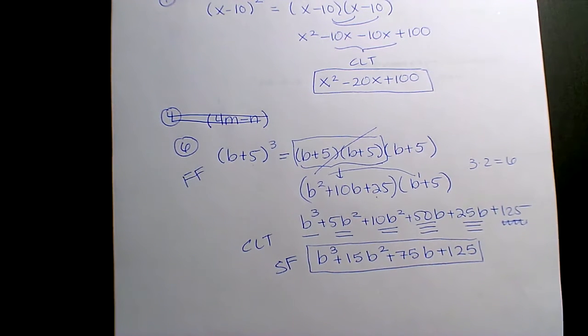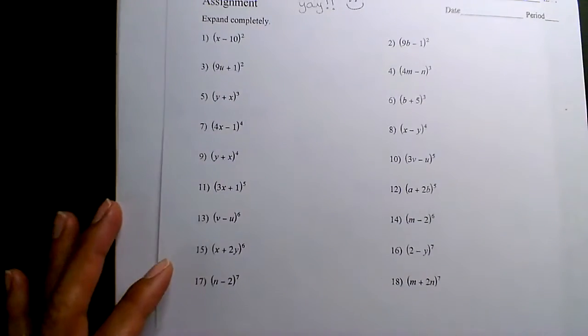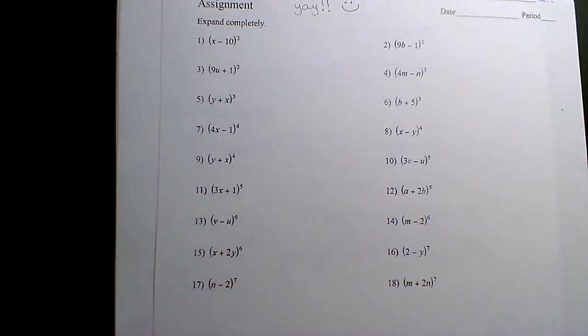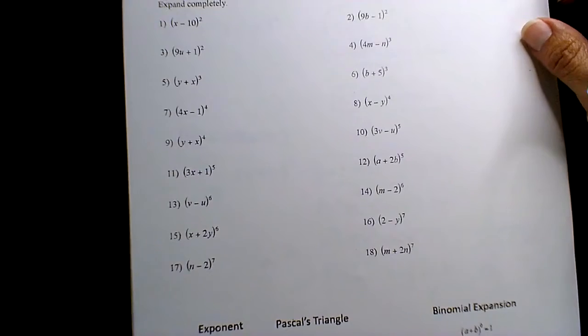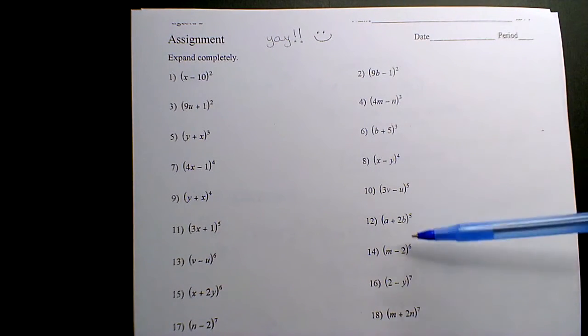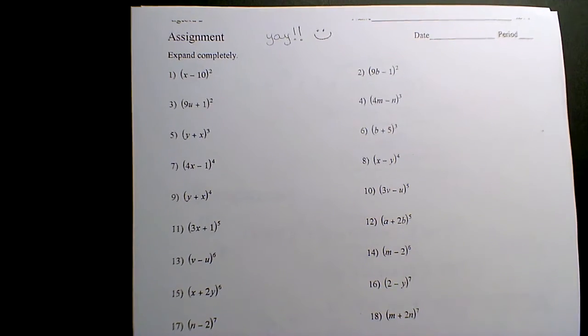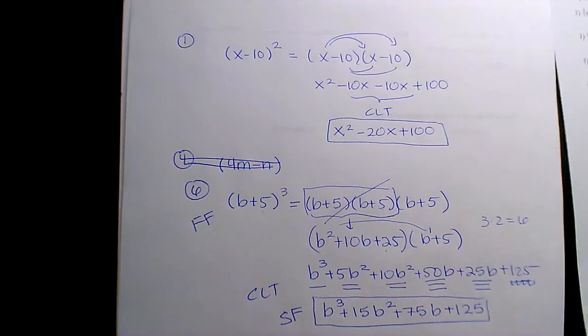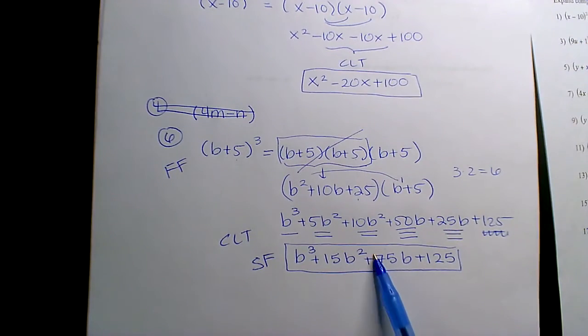Okay, so as far as, I guess I'll copy this. So how many are there? There's 3, 3, 3, 3. Okay, so what I would say is this: for the sake of knowing how to expand them by hand, I would say at least do one of each where you're going to completely expand it by hand.